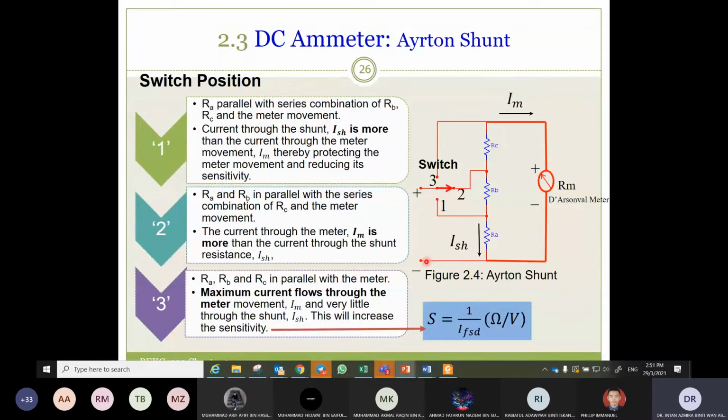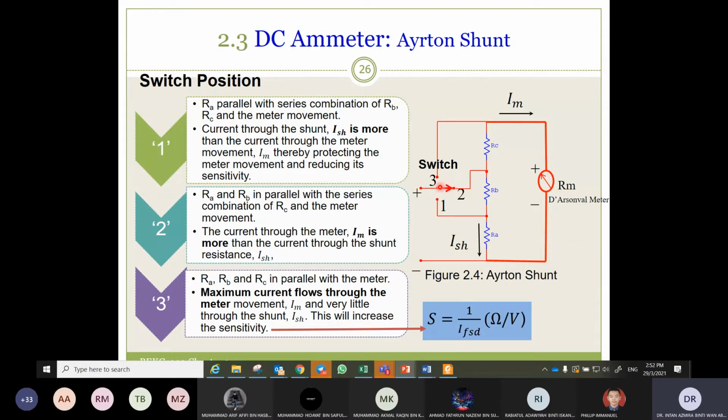This is negative, this is positive. Now this switch is tapped at 1. At position 1, RB, RC and RM are in series, and this path is parallel with RA. Can you imagine? Okay, we proceed.